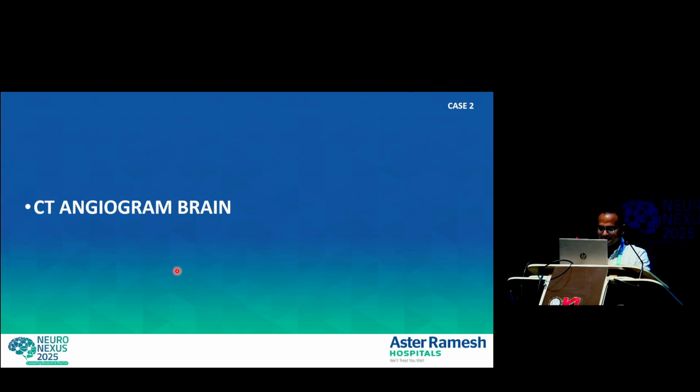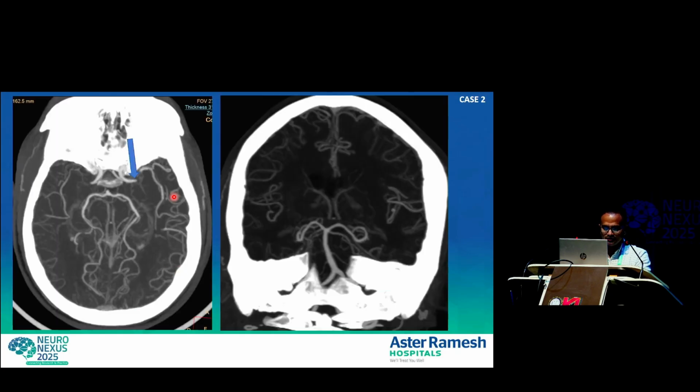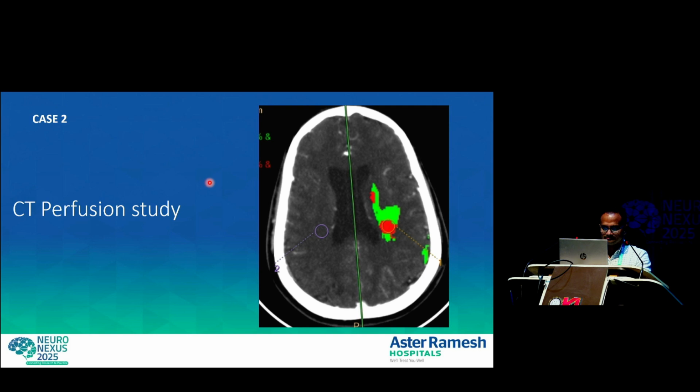So we did a CT angiogram brain. This showed non-visualization of bilateral MCA M1 segments. We also did a CT perfusion study. Here we can see significant salvageable penumbra with increased mean transit time and increased blood volume in the penumbra region compared to the infarct.